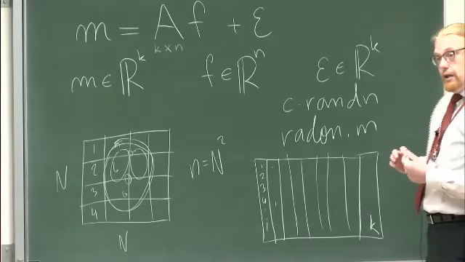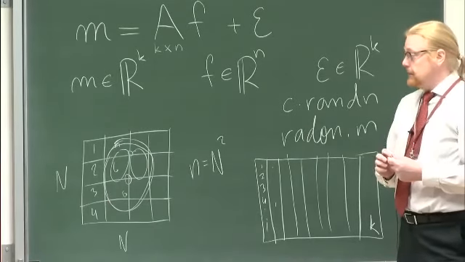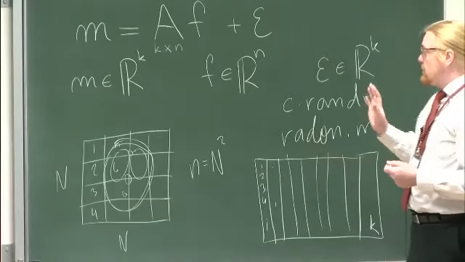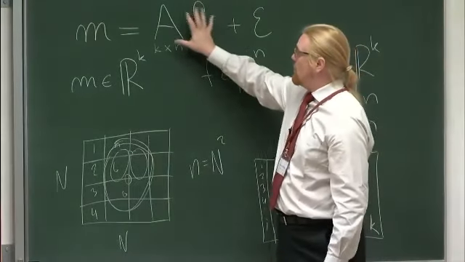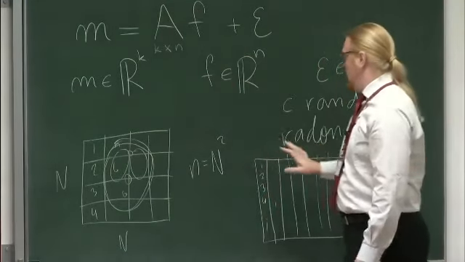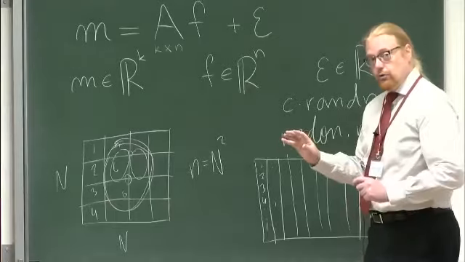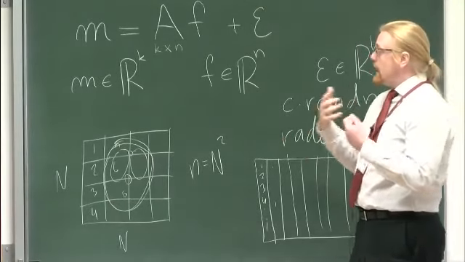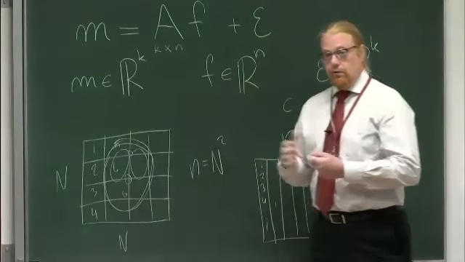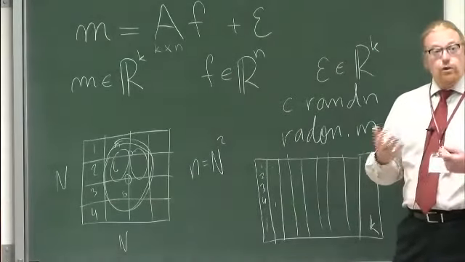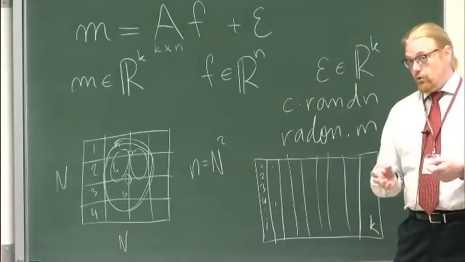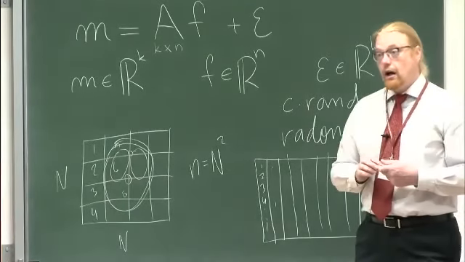And when avoiding inverse crime, we shouldn't simulate the data with some matrix A or with the radon command at one resolution and then use the same resolution in the inversion. Then we will get unrealistically good reconstructions like I showed you the day before, and I will quickly show again today.